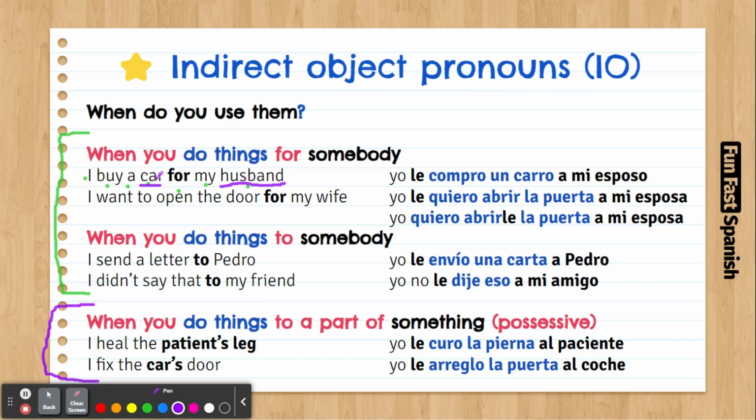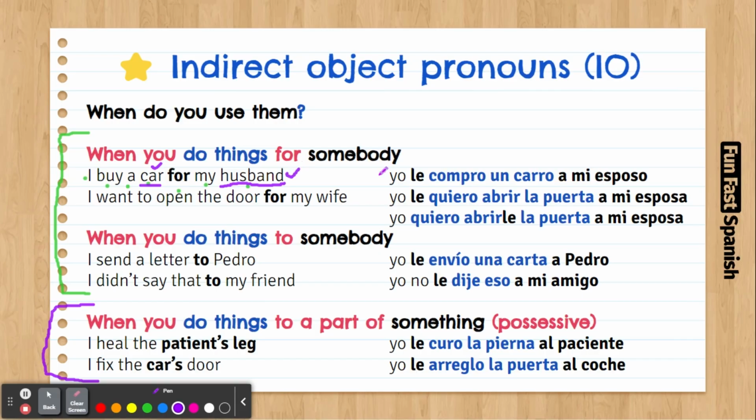So you have the two objects. The direct one is the car, because that's what is bought, and the husband is the one who's getting the car. He's the indirect one, because he's not directly affected by the verb to buy. What is bought is actually the car. So this one is the direct one, and this is the indirect one.